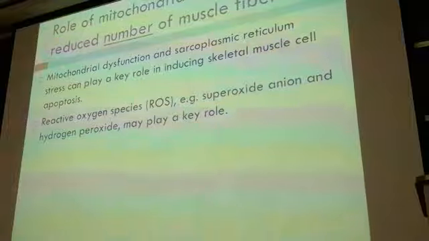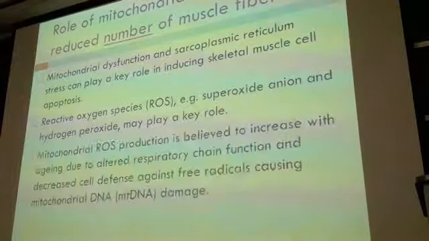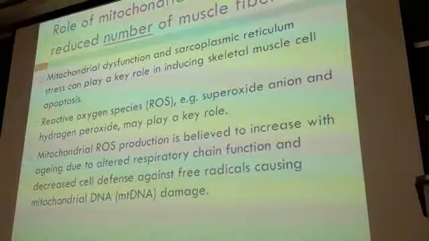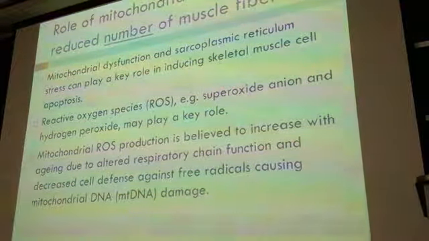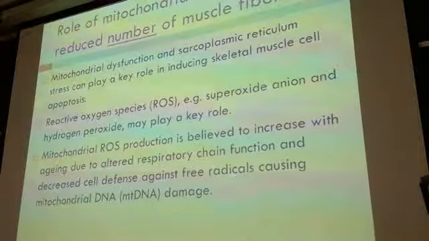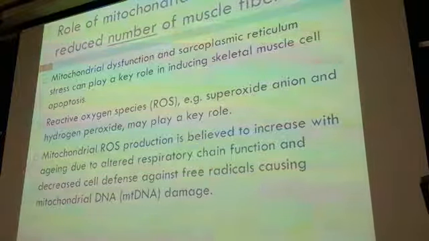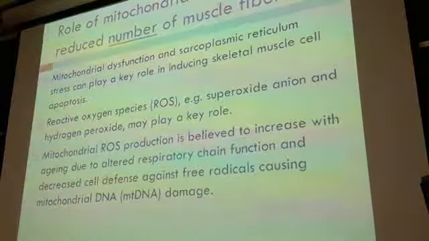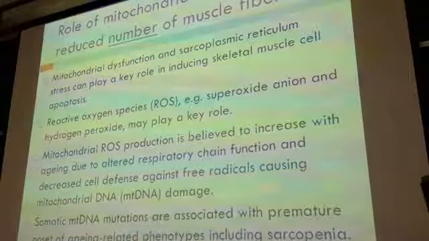So this is one of the chronic conditions that we all deal with, the generation of ROS, which can be important metabolic regulators, but can also be, in particular in the form of superoxide anions and hydrogen peroxide, a cause of mitochondrial cell loss. Mitochondrial ROS production can increase with age due to changes in the respiratory chain, and mitochondria decrease defense against mitochondrial damage due to free radicals.